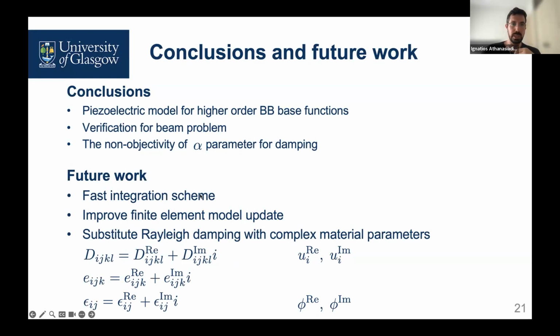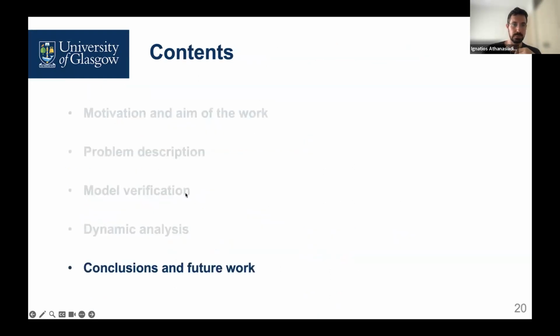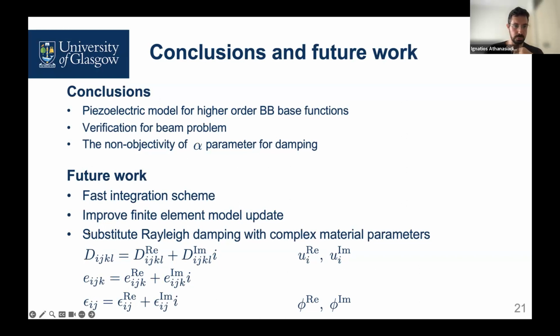And we aim also to do fast integrations that are coming with this base that I mentioned, and also to substitute the Rayleigh damping totally by using the imaginary coefficients that were presented before.